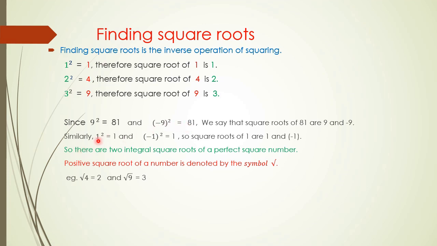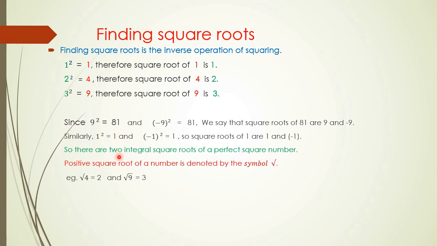Similarly, 1 and minus 1 are the square roots of the number 1. You can have many examples by taking other perfect squares. So we can say there are two integral square roots of a perfect square number.